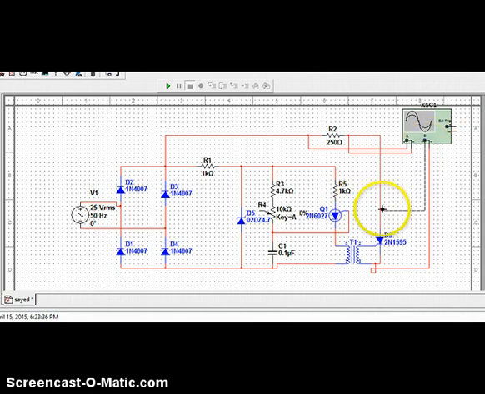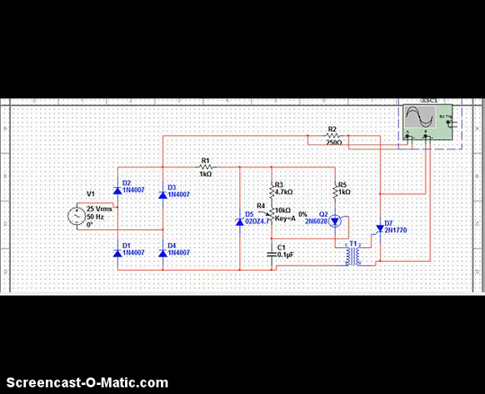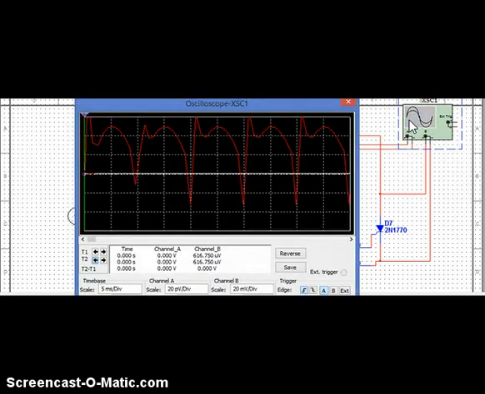Now connect channel B across SCR. This is the voltage across the SCR. There is a little distortion in the waveform because of internal characteristics of SCR.